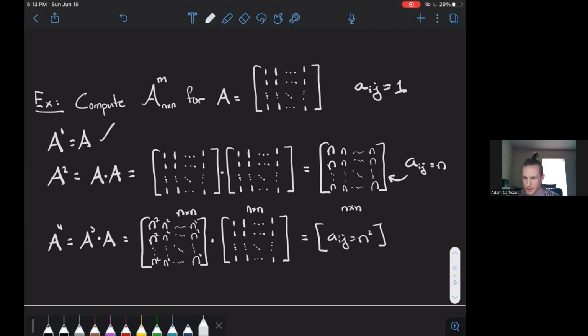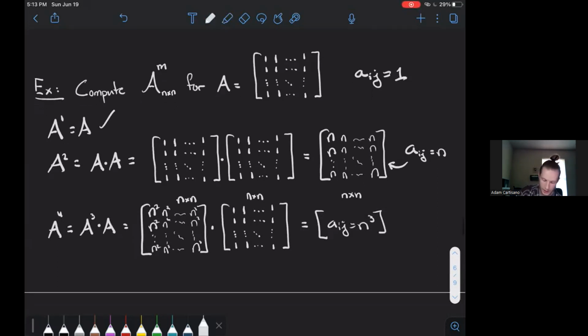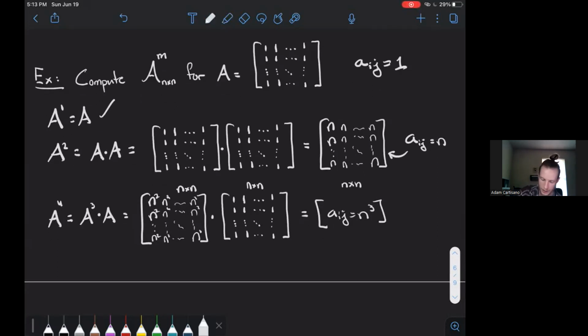We're adding n squared to itself n times. That's going to give you n cubed. See the pattern? And so our final answer is, if you were to do A to the m, it'll be n to the m minus 1 everywhere.